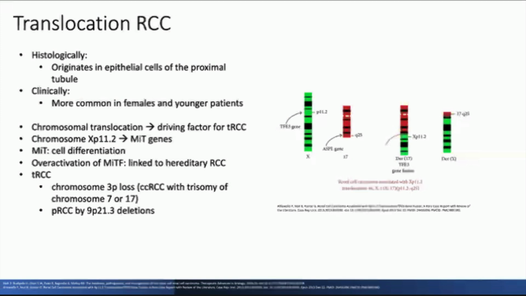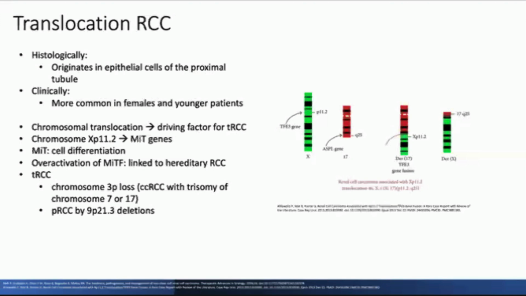This is the chromosome where the MiT gene or MiT genes are located, and these genes are responsible for cell differentiation.